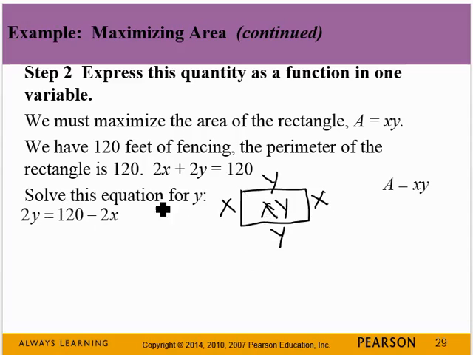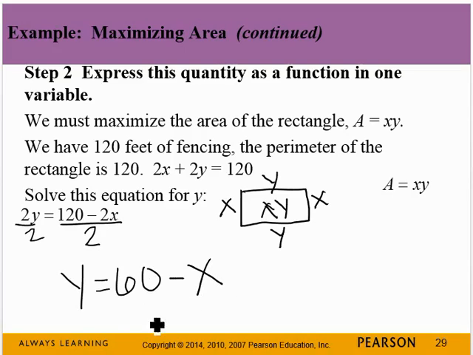So we want to solve this equation for y. That means I need to divide everything by 2. So I have y equals 60 minus x. I just solved for y. So this means my area is A equals x times y.